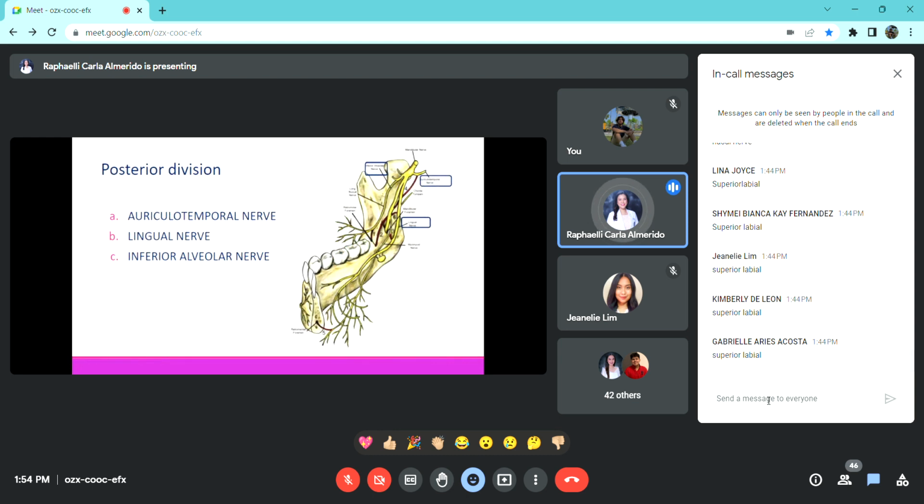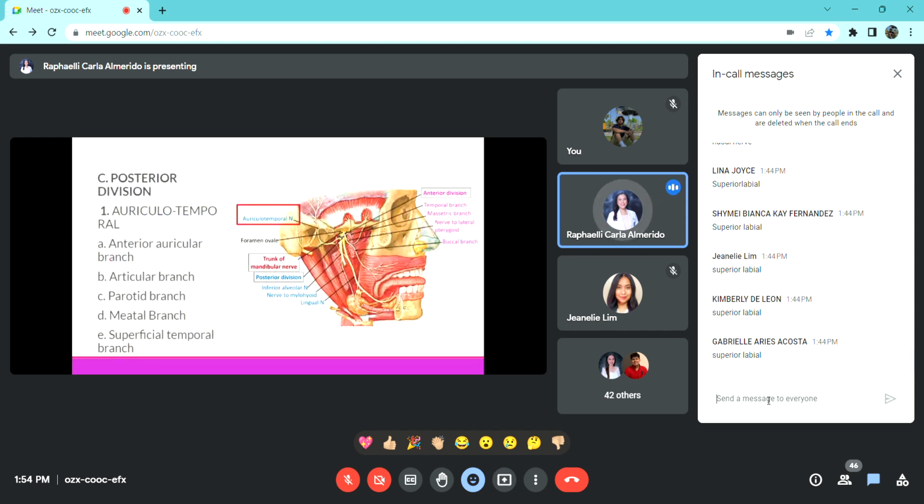For the posterior division, we have three branches: the auriculotemporal nerve, the lingual nerve, and the inferior alveolar nerve.